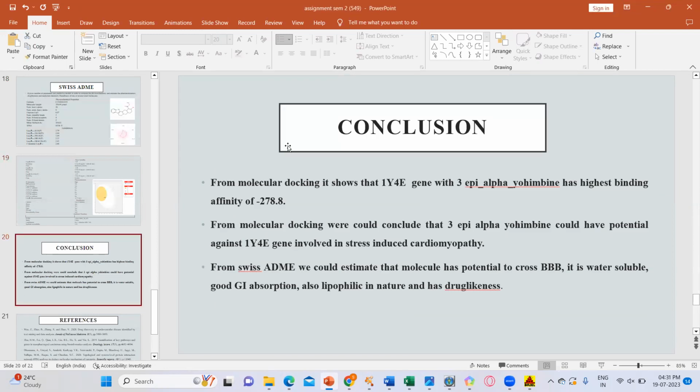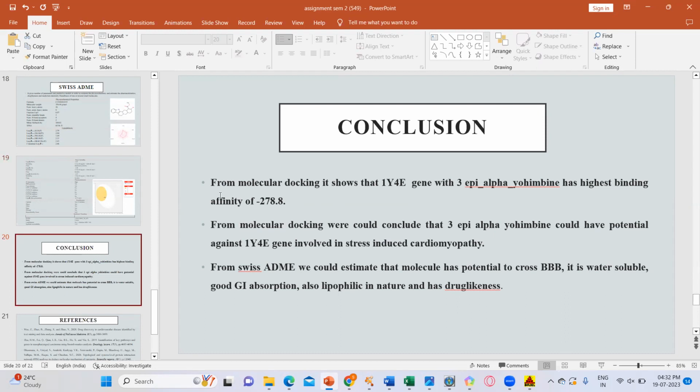To conclude, from molecular docking, it shows that the 1Y4E gene with 3-epi-alpha yohimbine has the highest binding affinity of minus 278.8. From molecular docking, we could conclude that 3-epi-alpha yohimbine could have potential against the 1Y4E gene involved in stress-induced cardiomyopathy.